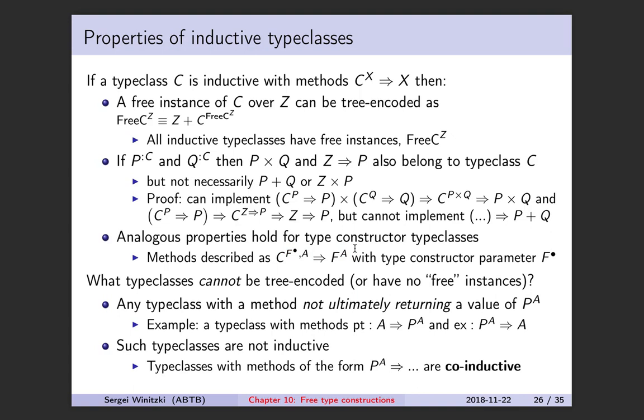What type classes cannot be tree encoded? They're not inductive. Well, one type class that's not inductive is traversable. And indeed, this is not true for traversable. This construction does not work for traversable. If P is traversable, then a function from some type Z to P is not traversable.